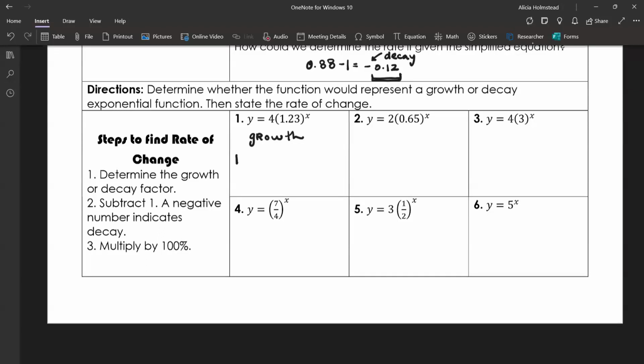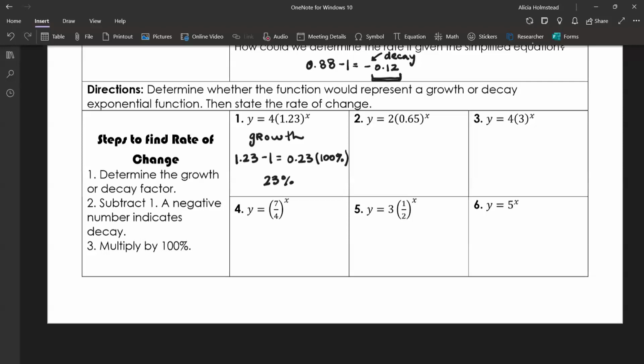So our growth factor is that number below the exponent, which is 1.23. Next step is to subtract 1, which would give us 0.23. But again, we don't represent rates as decimals, we represent them as percents. So we would multiply this by 100. Sometimes I write the percent to remind myself that what I'm getting is a percent. So it looks like this equation is growing at a rate of 23%.